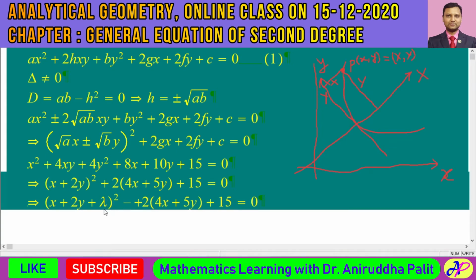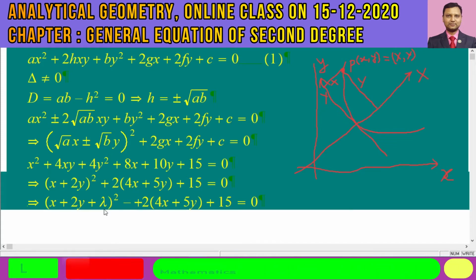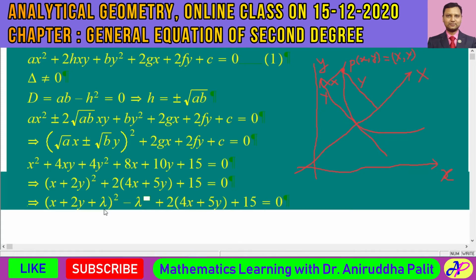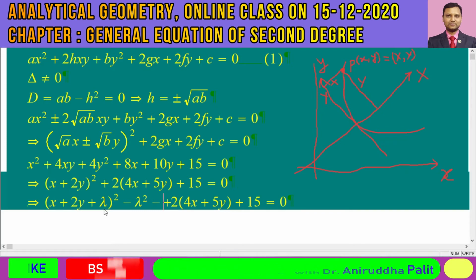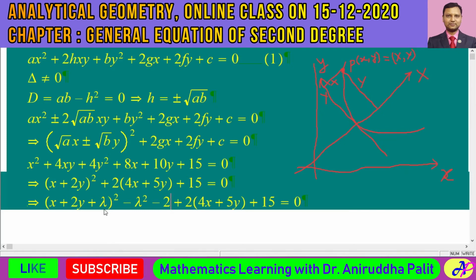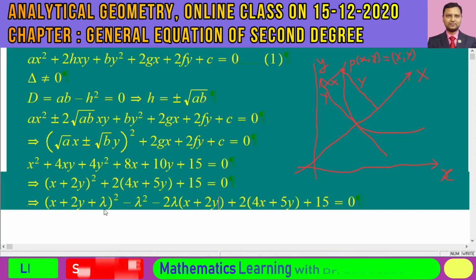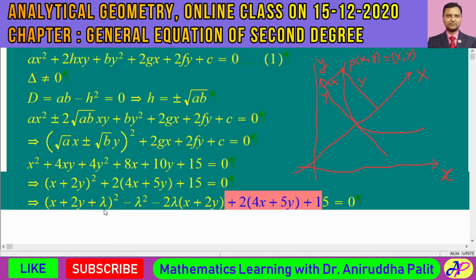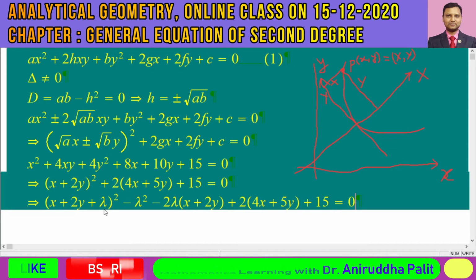What should I adjust? Minus lambda square must come, minus 2 into lambda into x plus twice y should ultimately come. And the remaining portion is not changed at all.